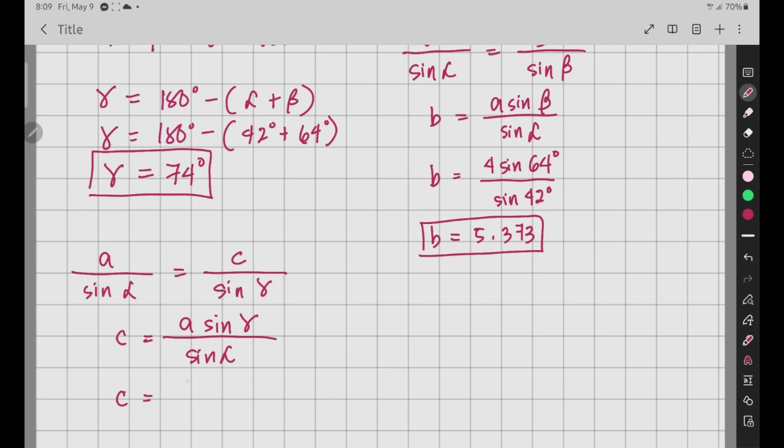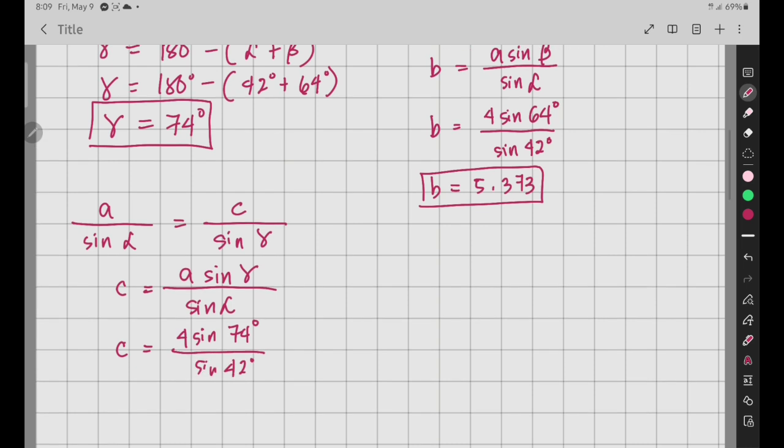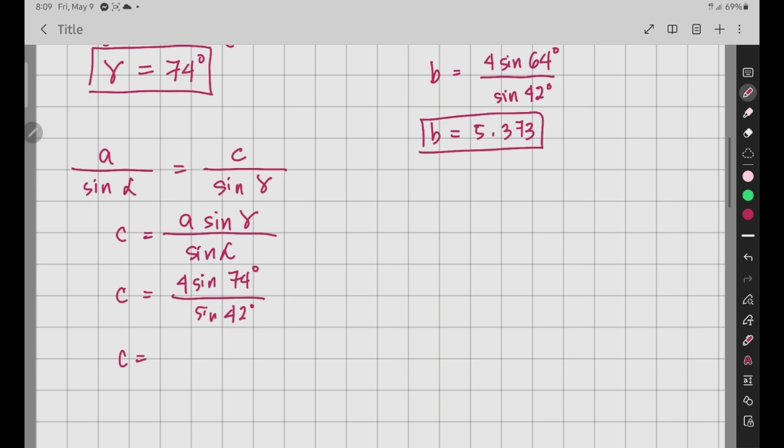So C is equal to 4 sine 74 over sine 42. So C is now equal to 5.746. And that's it.